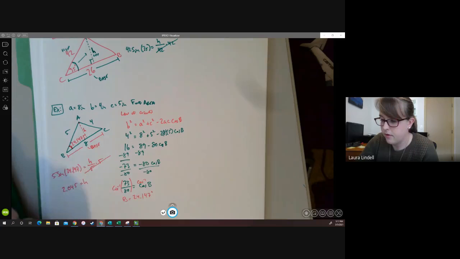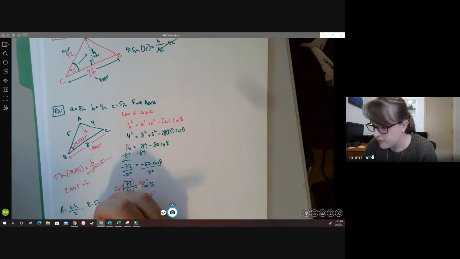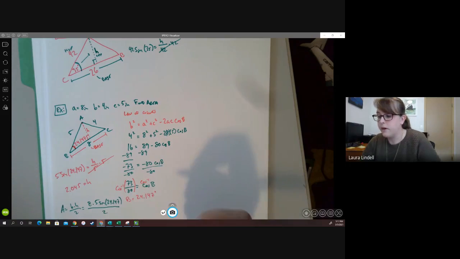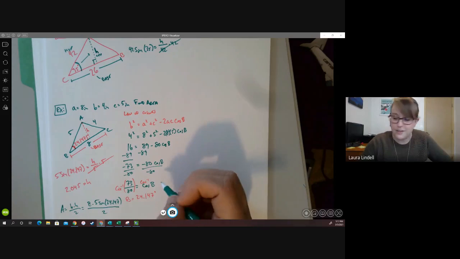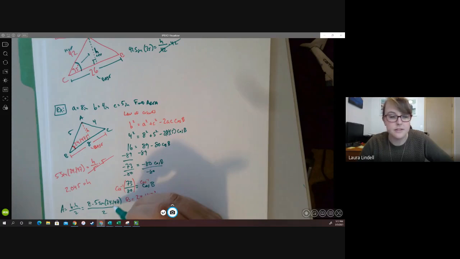Anyway, the final part, finding the area, base times height divided by 2. So 8 times 5 sine of 24.147. If you want to get a really, really accurate answer, you could use cosine inverse of 73 over 80 inside here for the angle instead.